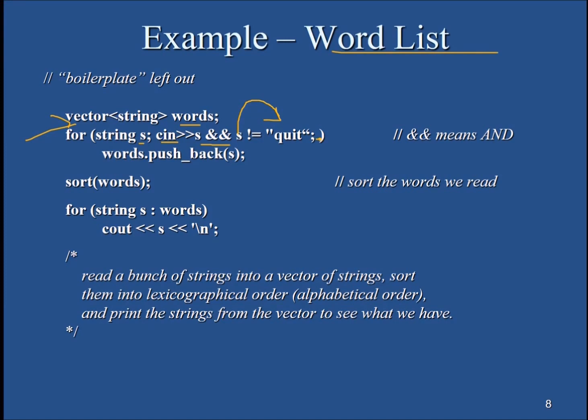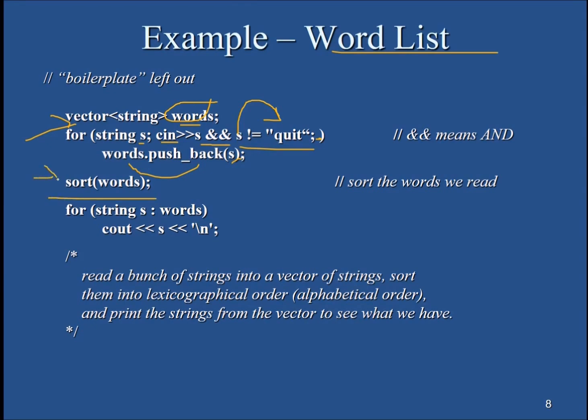See, no i plus plus, no i minus minus, just string s. Then we enter the string, and until we get to this quit, we push back this s into this vector words. Now sort the words.